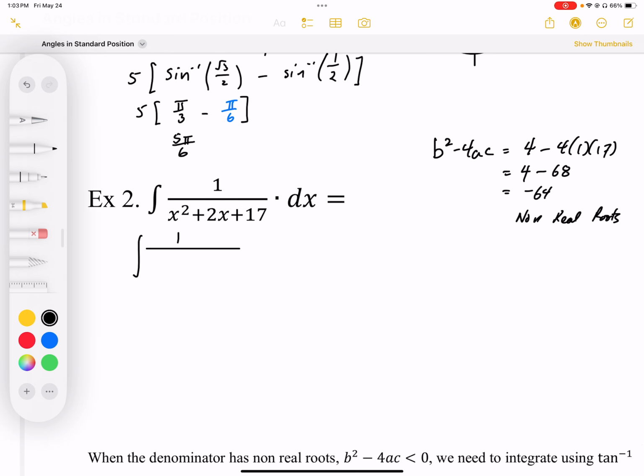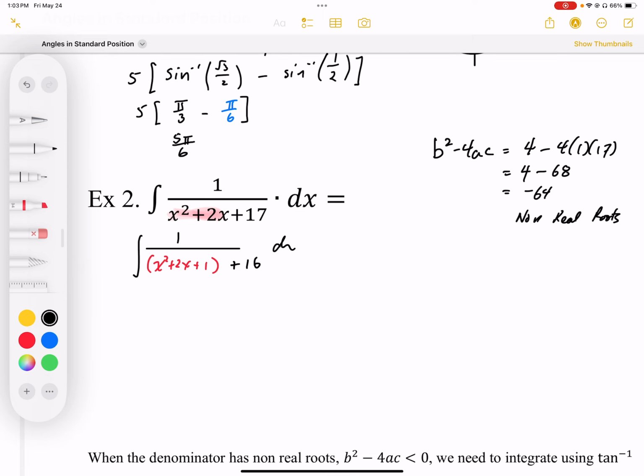So to do that, we're going to take part of this expression and complete the square. I'm going to take x squared plus 2x, and I'm going to add 1. And that's going to complete my square. That's also going to leave an extra plus 16 from that 17.